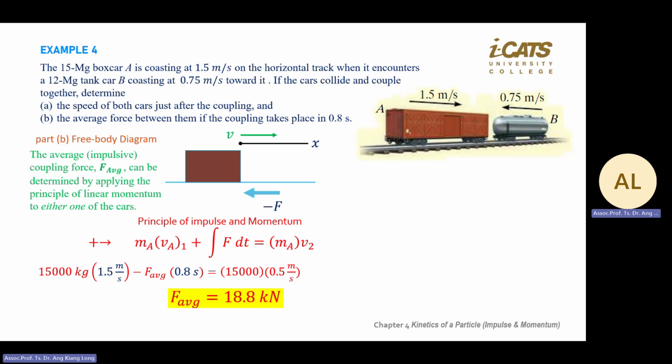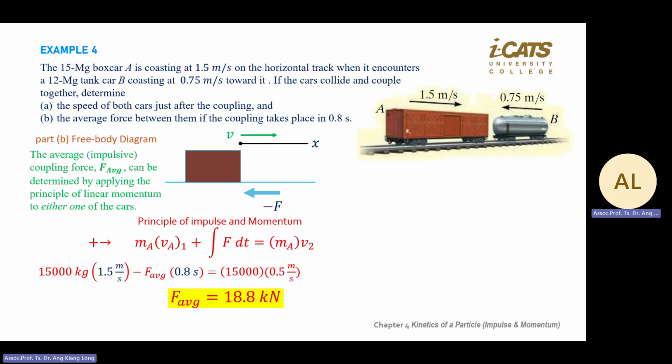So in the test, if you point to the left and don't write negative F, it should be F. If you put negative F, it means you flip the arrow already. Understand? You can do it for B also.